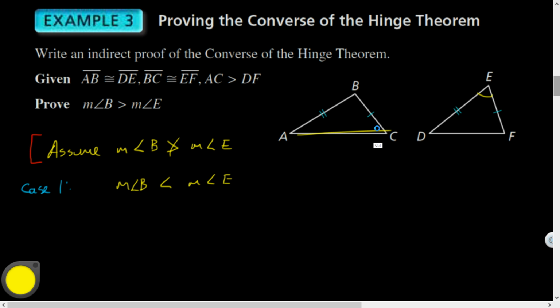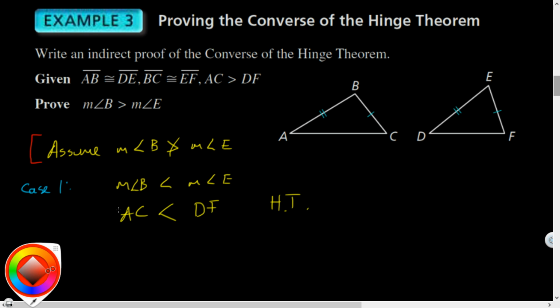Assuming the Hinge theorem is true, I would have that AC is less than DF by the Hinge theorem, right? Can that be true? No. Exclamation point. All right, yes, I'm pumped. So this cannot be true. It's impossible.